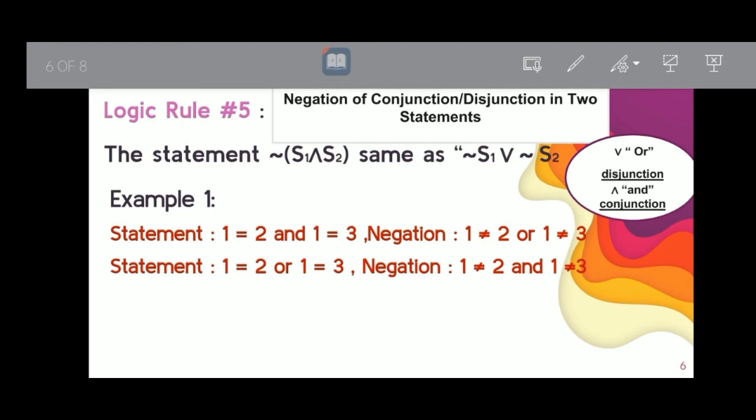In here we have this proposition: 1 is equal to 2 and 1 is equal to 3.